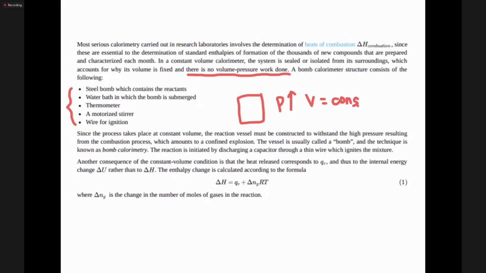So we can neglect delta NL, that is liquid, and delta NS, that is solid. The equation that will be used in this course is delta H is equal to QV plus delta Ng RT.